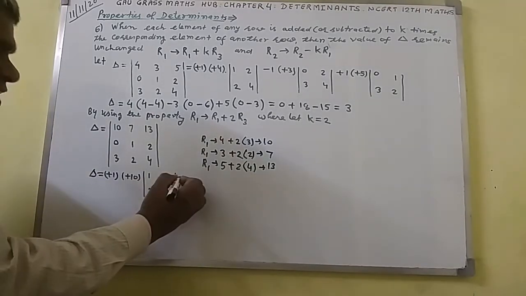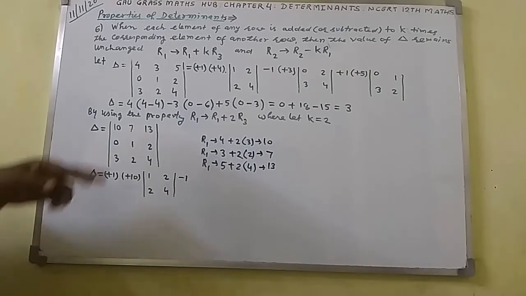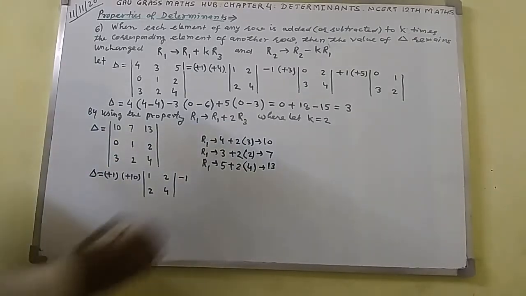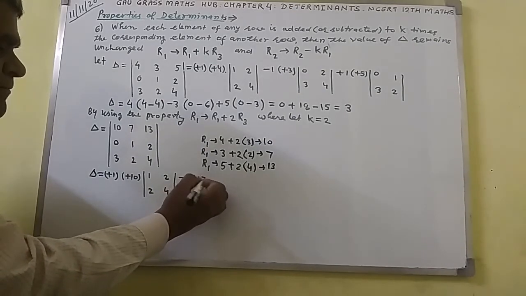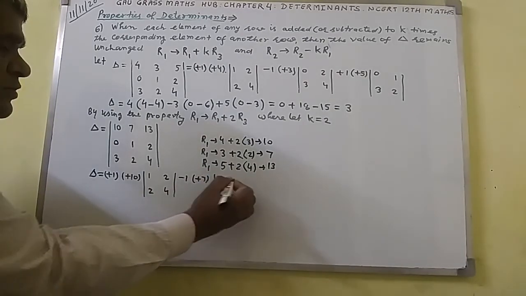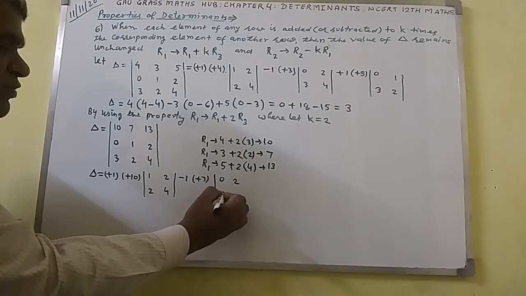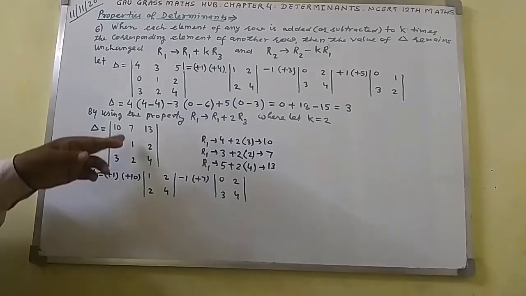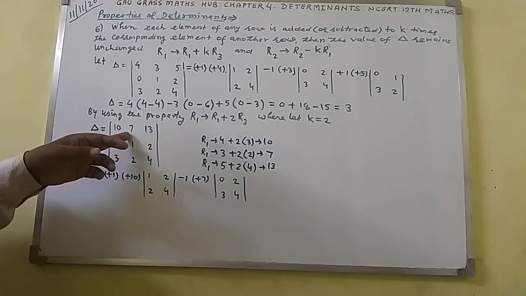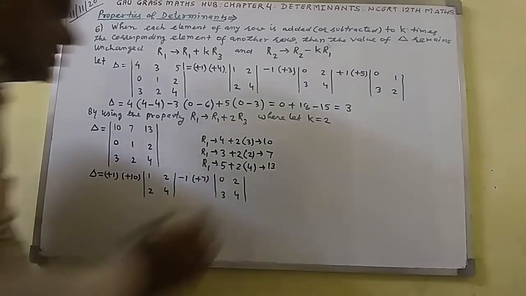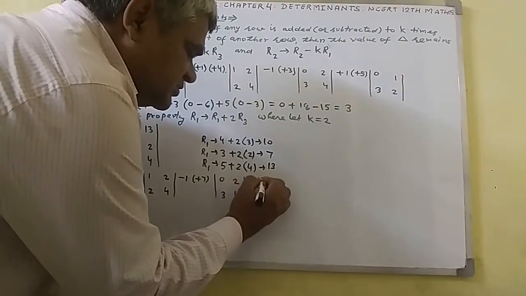After that here write minus 1, that is fixed here. Thereafter I shall take this element plus 7. Write here plus 7. Minor of plus 7 will be 0, 2, 3, 4. Plus 13, here I shall write plus 13.